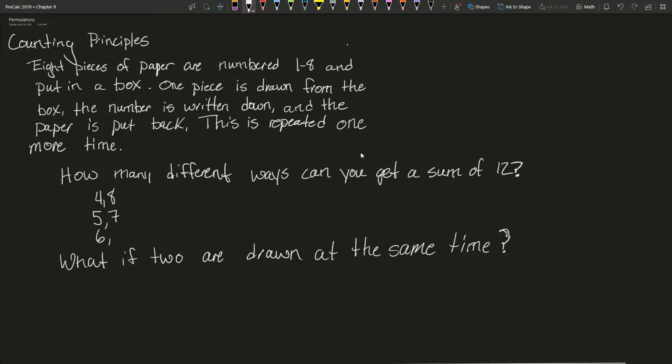Then we can get 6 and 6. We can also get 7 and 5, and we can also get 8 and 4.